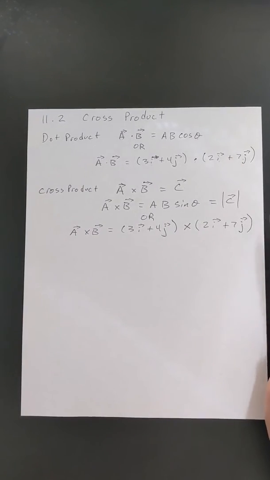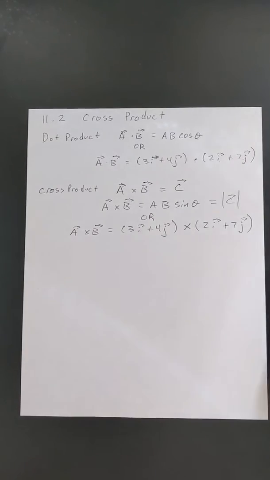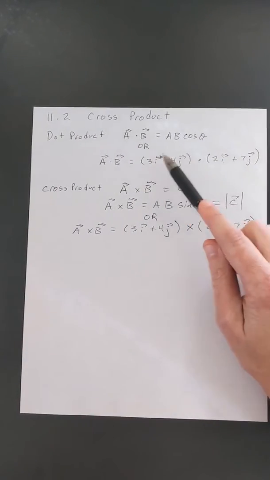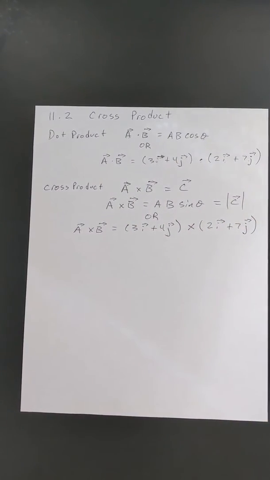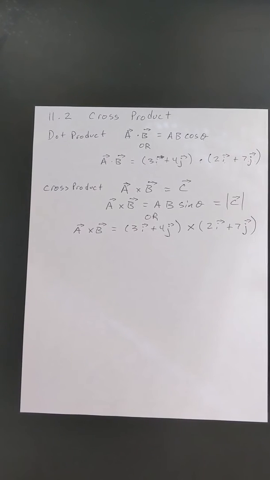What's different is the result of I cross I and I cross J compared to I dot I and I dot J. Once again, dot product's really easy. Anything dotted with itself, I dot I or J dot J or K dot K, are all 1. So like A dot A is just the magnitude of A squared, right?